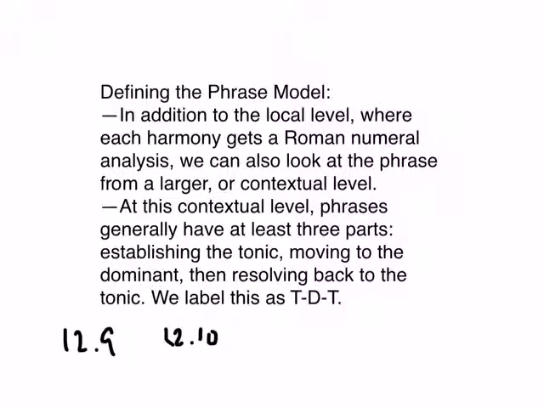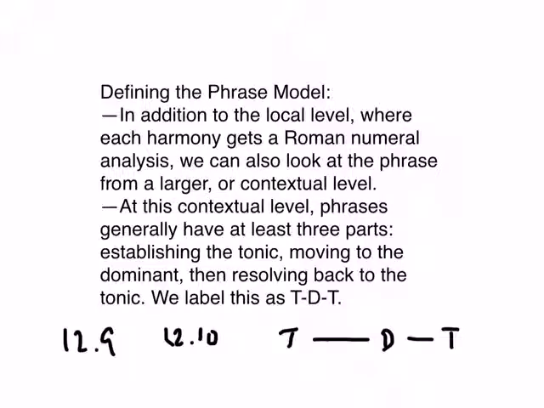So in 12.9, from a Haydn scherzo, we hear it starting as tonic for two measures, and then a dominant seventh in measure 3, and then the tonic in measure 4.